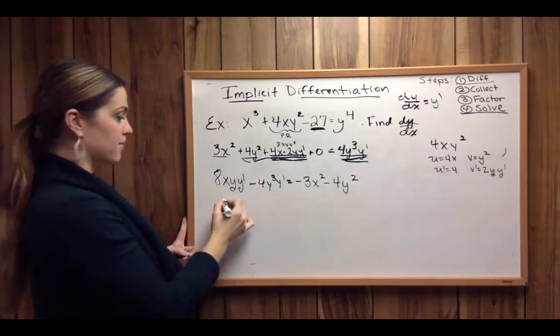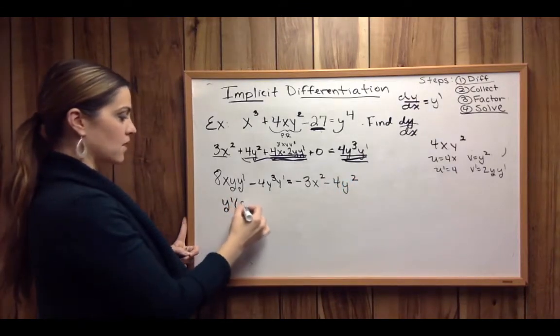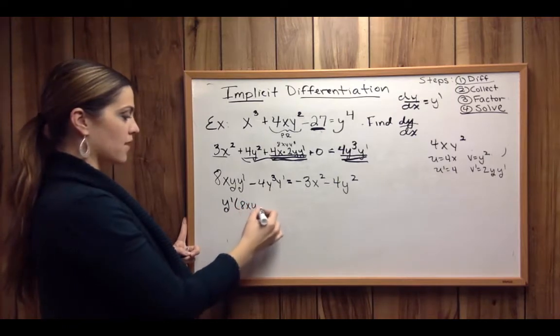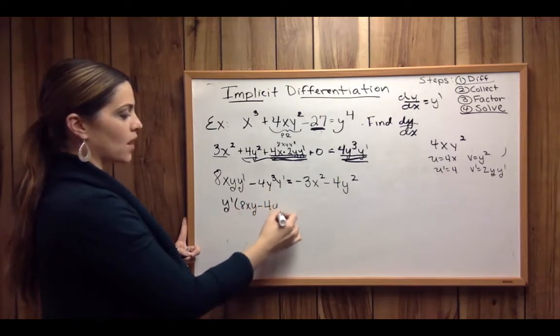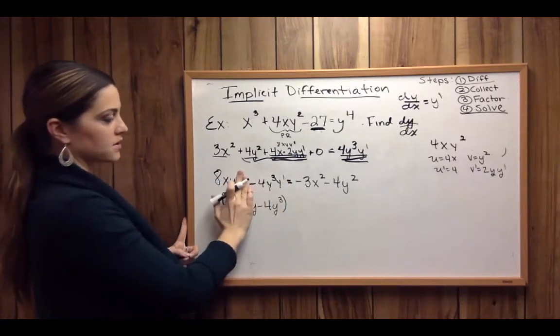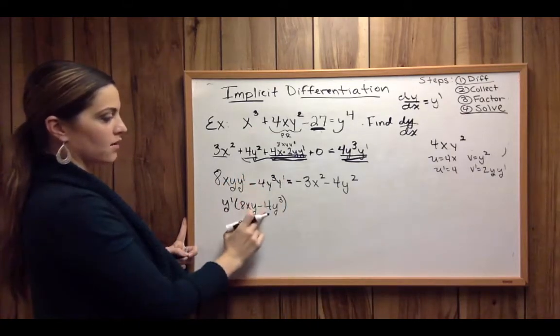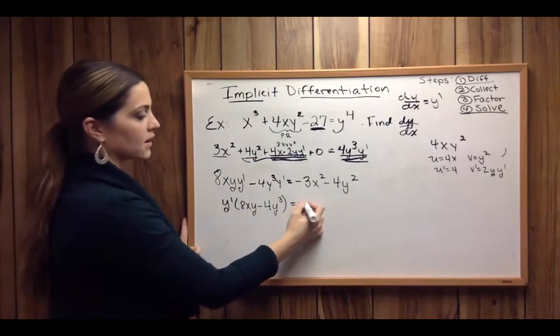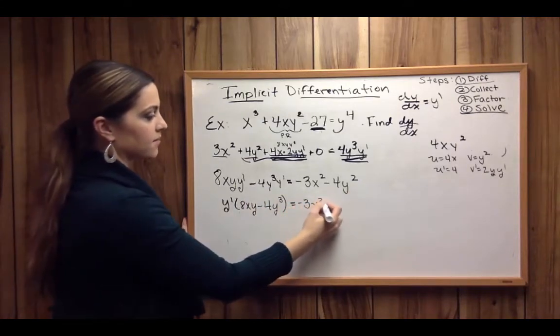Factor out y prime: 8xy minus 4y to the third. Again, you just take out the y primes. 8xy, 4y to the third. Keep the right-hand side the same.